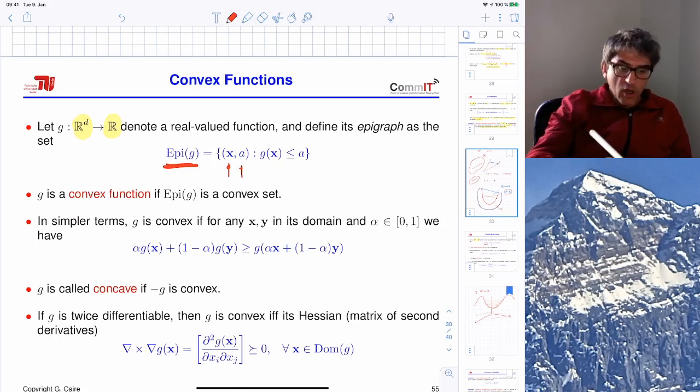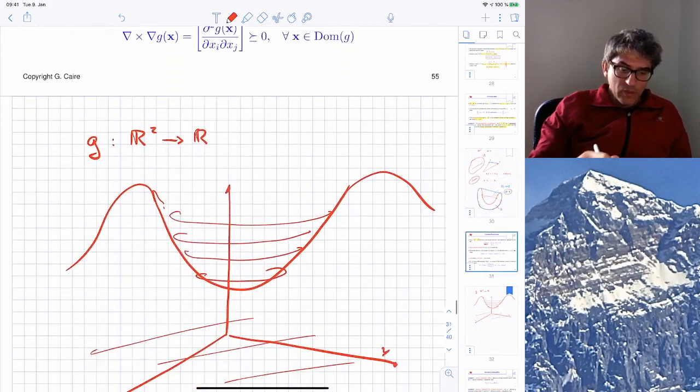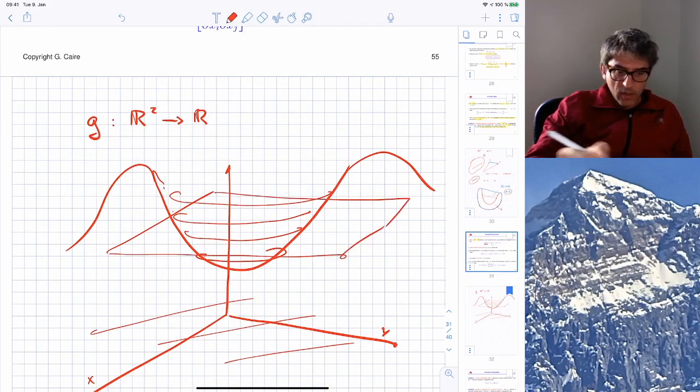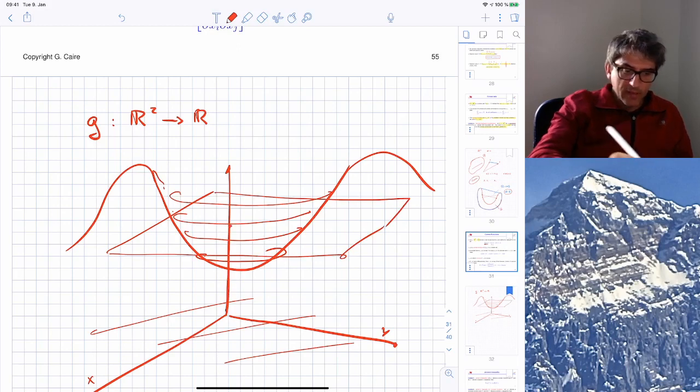So we consider all the points in the level set. In other words, imagine that we cut this function with a plane at height a. I use a different color. So this is a.